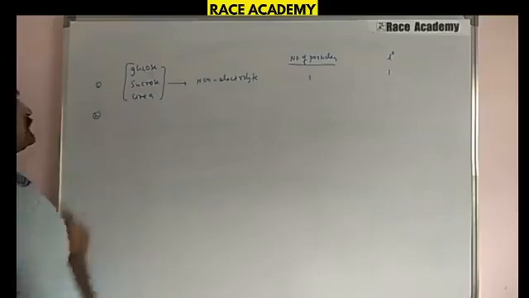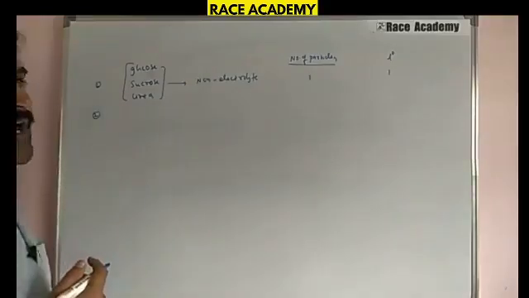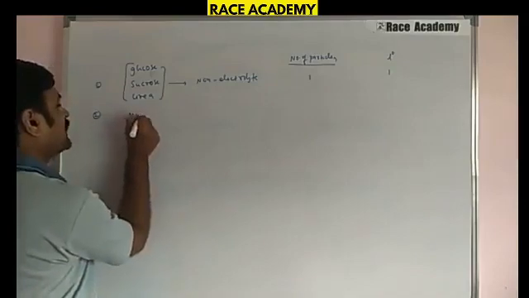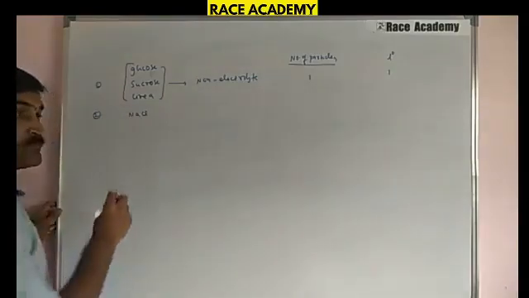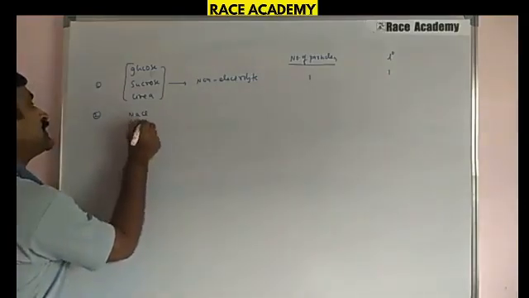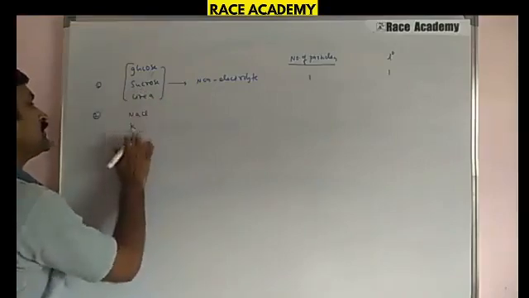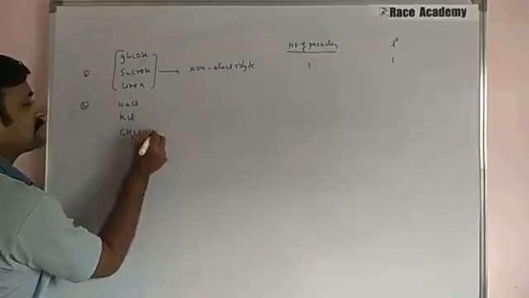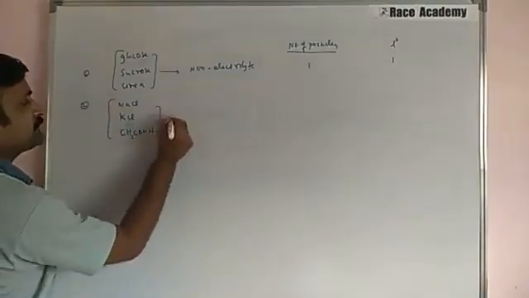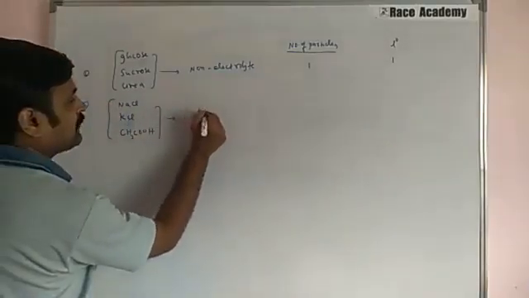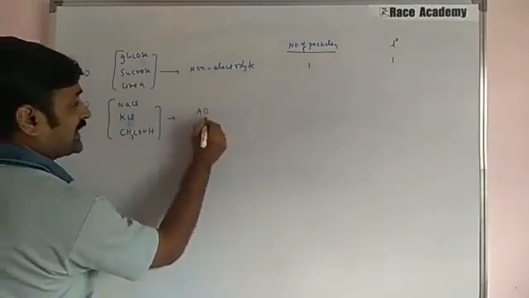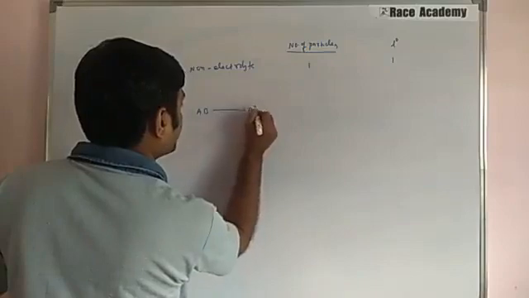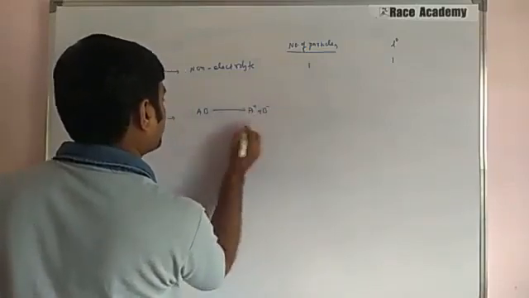The second part is we will go with some of the electrolytes, like AB type electrolytes such as NaCl, potassium chloride, acetic acid, etc. This type of things will come under AB type electrolytes. They will definitely undergo ionization, giving A plus and B minus ions.